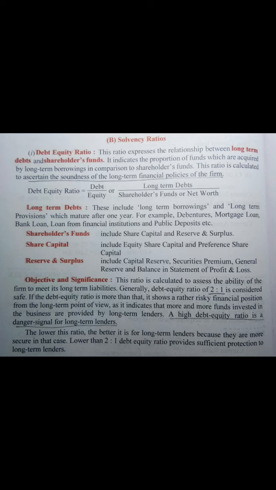So we have to compare these two types of liabilities with each other to know their proportion, their ratio. And in debt equity ratio, we have to divide debt by equity to get the proportion between these two liabilities.